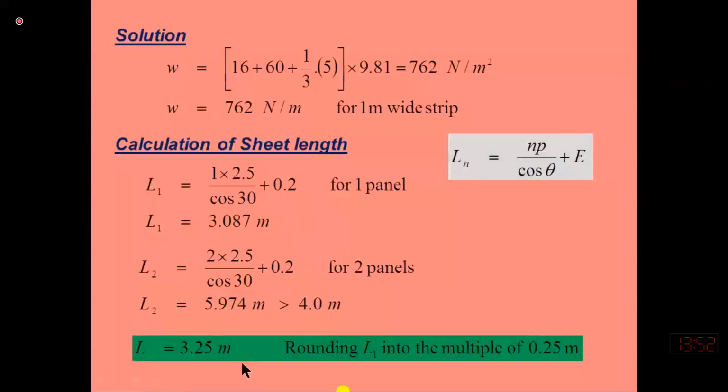But actually this sheet size is not covering the whole area. Some of the edges of this sheet will be consumed to provide the end lap and side lap, just like last time I have explained.